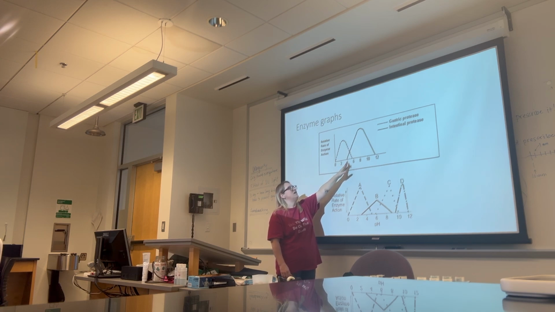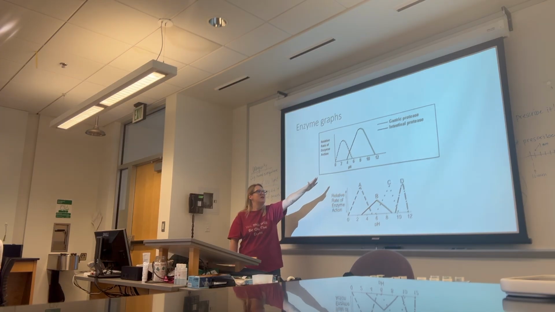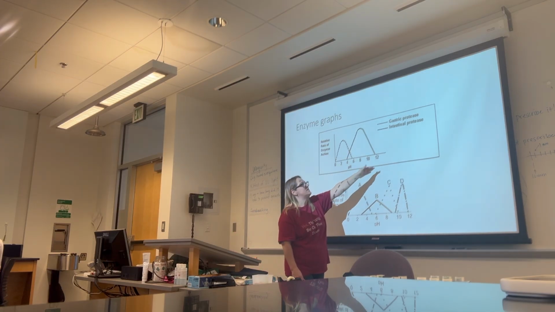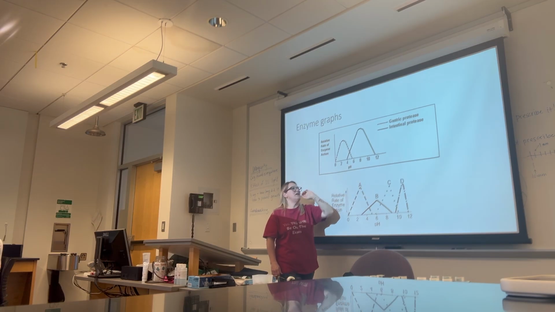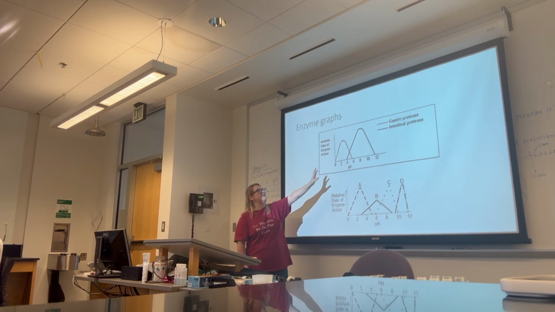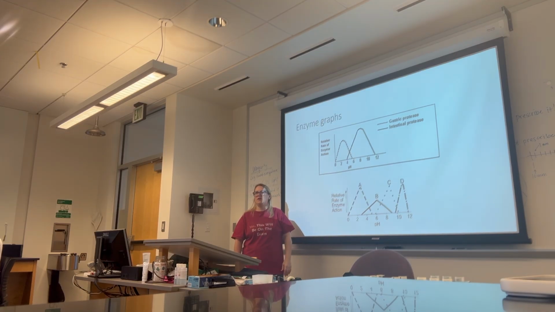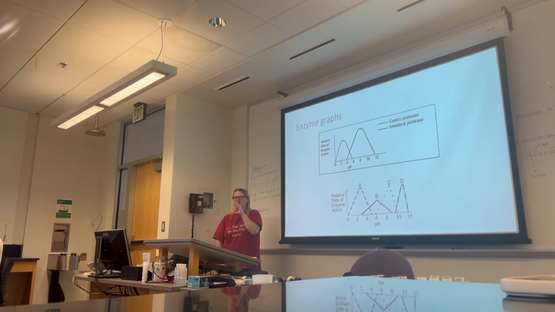But if the solution becomes more acidic, then your gastric protease will work better than the intestinal protease. Or if the pH is adjusted to be higher, like pH 10, or let's say pH 8, then the gastric protease will stop working and the intestinal protease will be working well. So that's the interpretation of that graph. I will ask you questions not exactly the same as what's on the enzyme worksheet, but very similar.